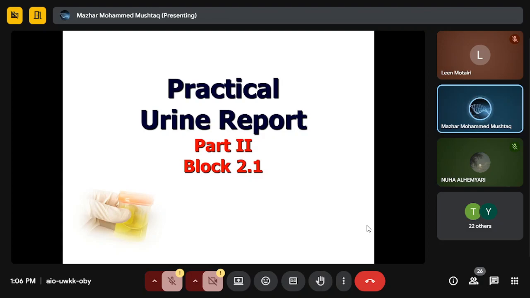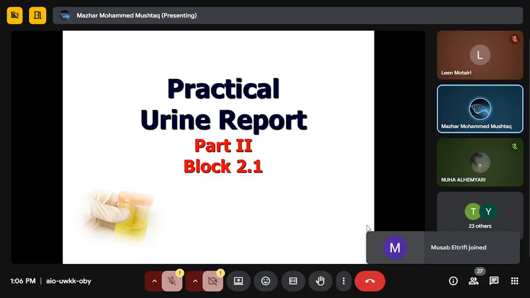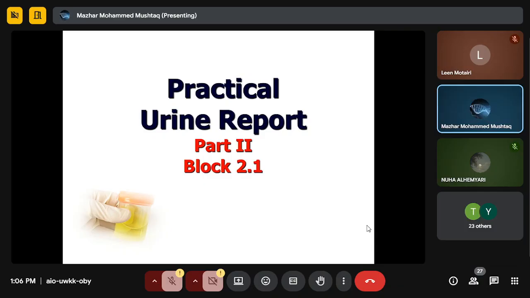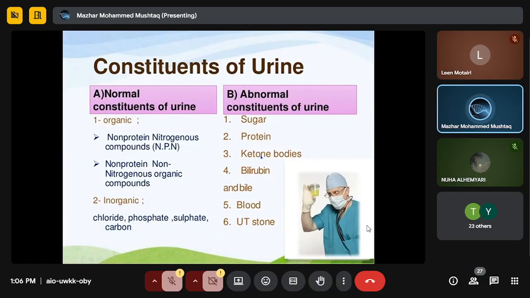So this is actually the start of 3.2, the things you are going to do next year, inshallah. This is abnormal constituents of the urine, part 2. Part 1 was the normal constituents of the urine. So let's begin.